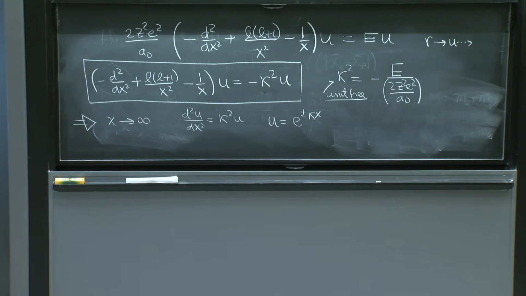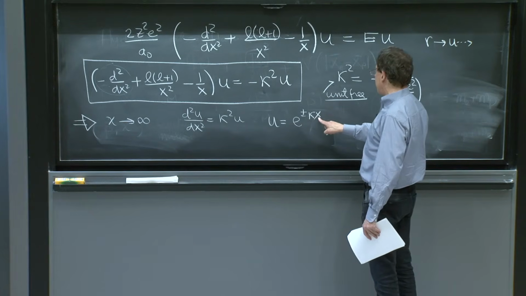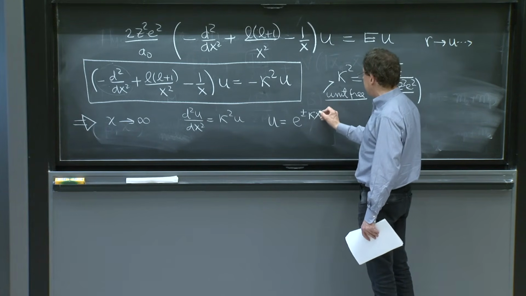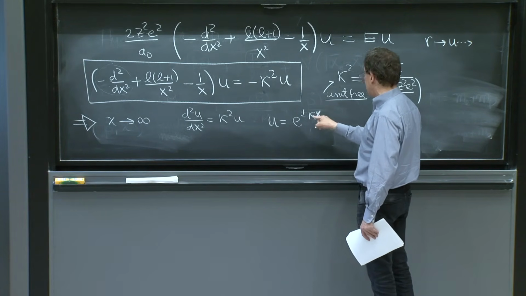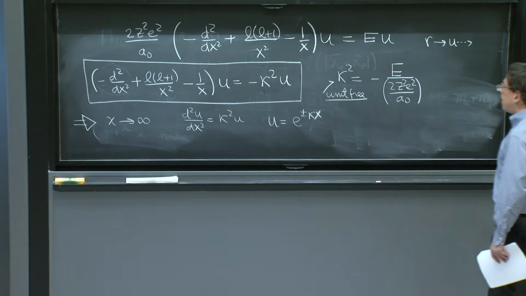So exponential behavior, e to the plus minus kappa x. Ideally, of course, for our solutions, we would like the minus one, but we will see what the equations do. Now, this suggests yet another transformation that people do, which is, look, kappa is dimensionless, and we had x that is unit free also. So kappa has no units, x has no units.